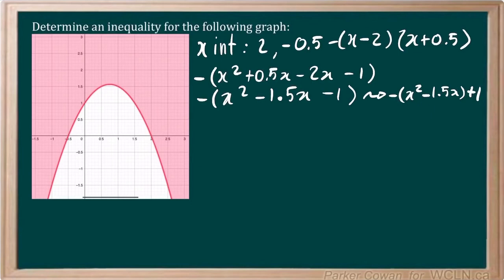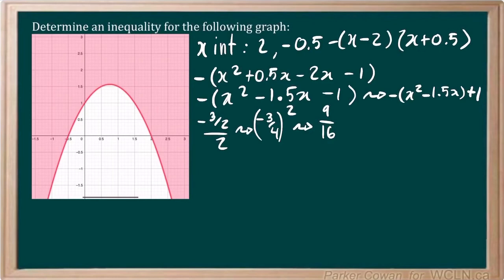So if we take our b term here, which is negative 1.5 or negative 3 over 2, and then we divide it by 2, we're going to get negative 3 over 4. And then we need to go ahead and square that, right? So this is going to give us 9 over 16.